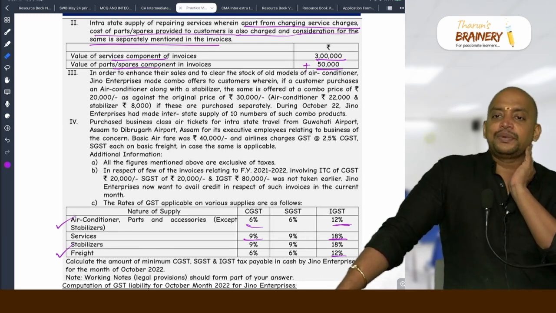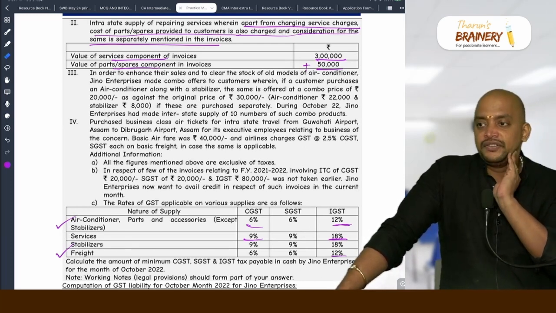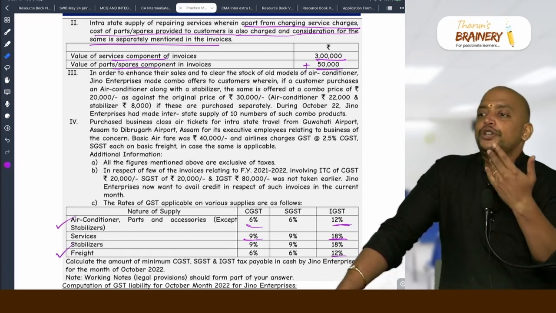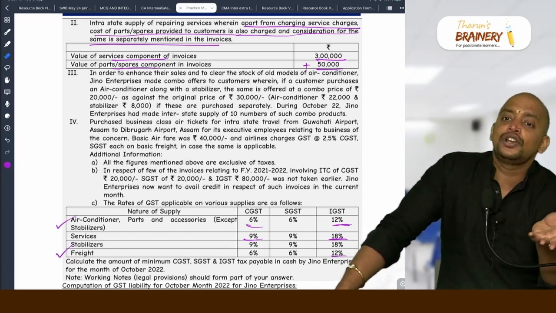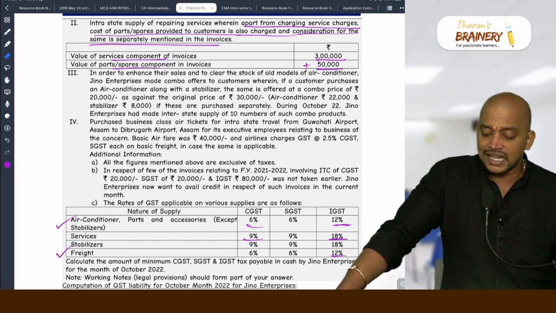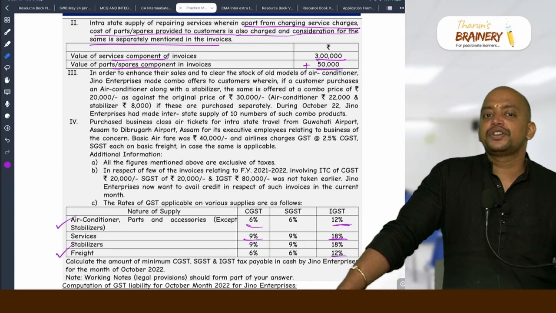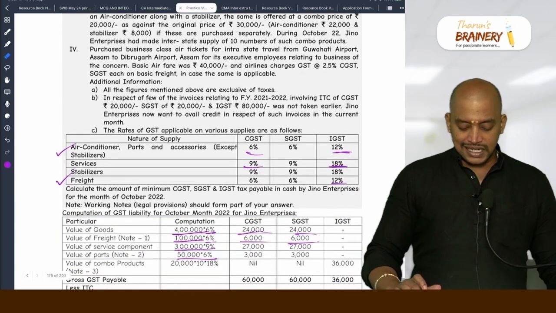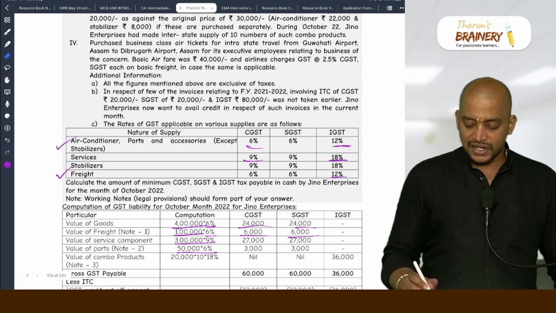No. Not naturally bundled. The moment you say combo, it means you are not always required to buy it as a combo. You can buy individually also, correct? Means not naturally bundled. Is it for a single price? Yes. Therefore, it will become a mixed supply and the highest rate between AC and stabilizer applies. So, what is the highest rate? 18%.